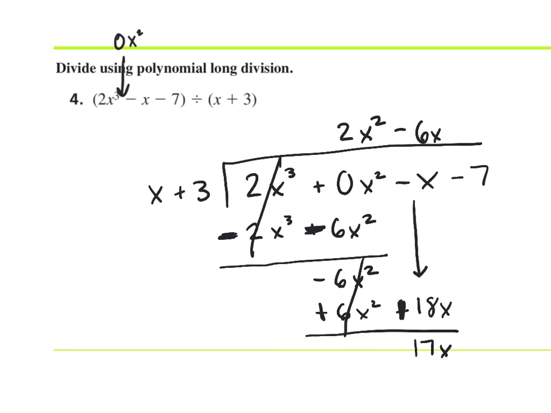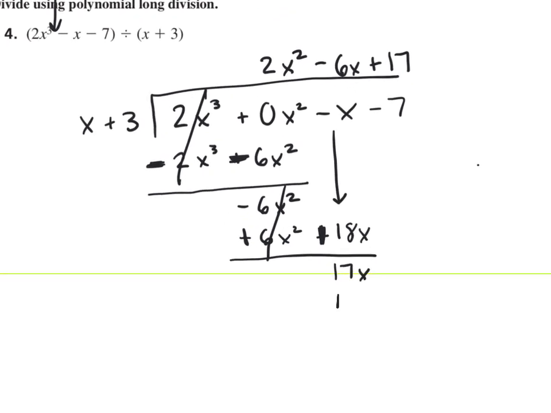What multiplies by x to give us 17x? 17. We multiply the 17 with what's out front. So we have 17x. And then 17 times 3. What's 17 times 3? 51. What do we do next?